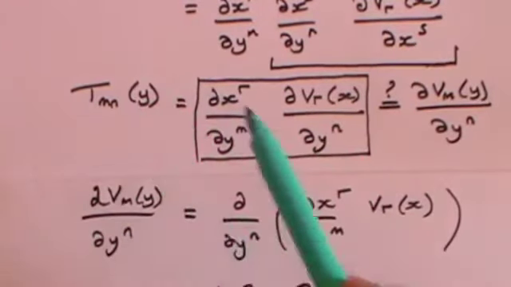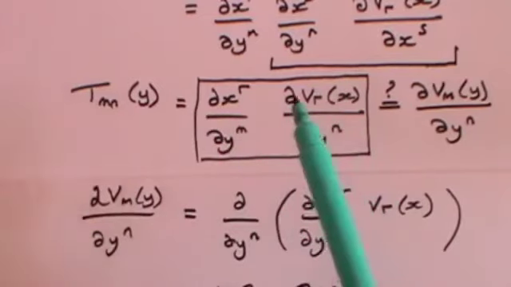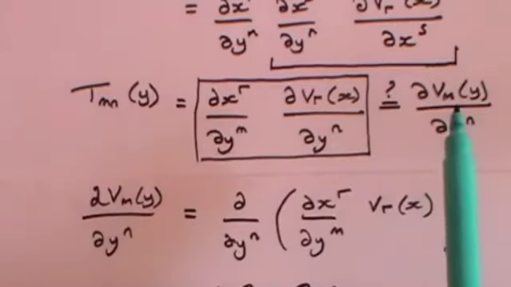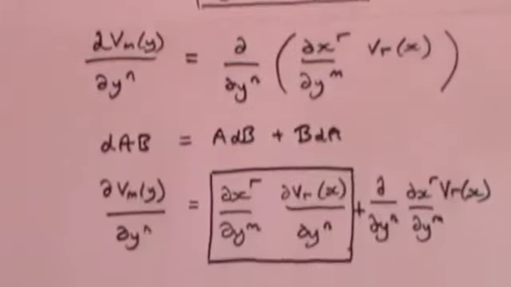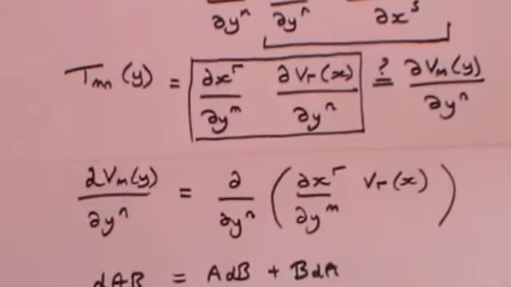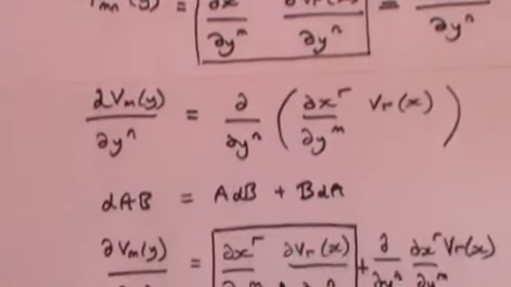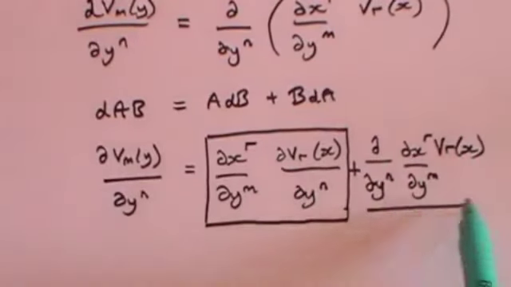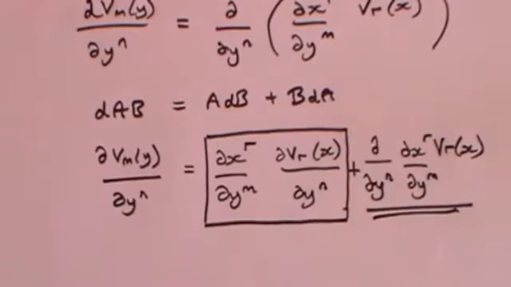Tmn in y equals that term there. And we were asking, does that term there equal this term? Yes, we've got exactly the same answer that we wanted. Those two are exactly the same, except there's an additional term here. So actually they are not equal. We've got this additional thing here.